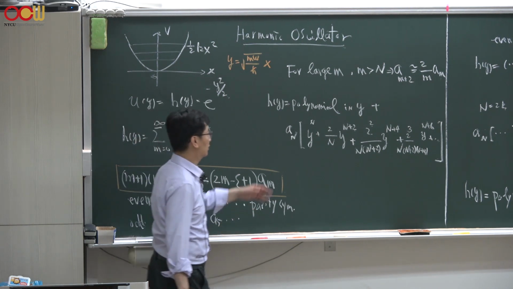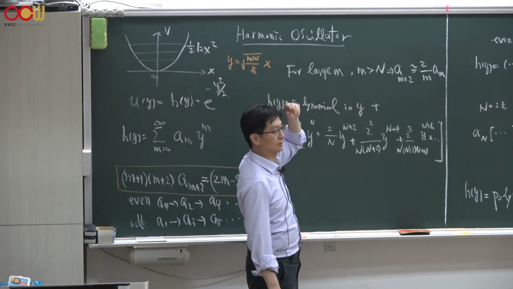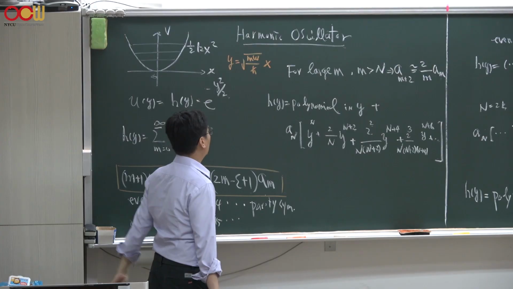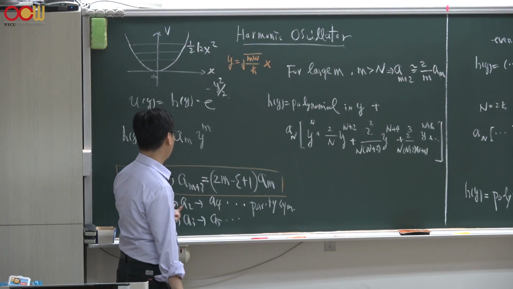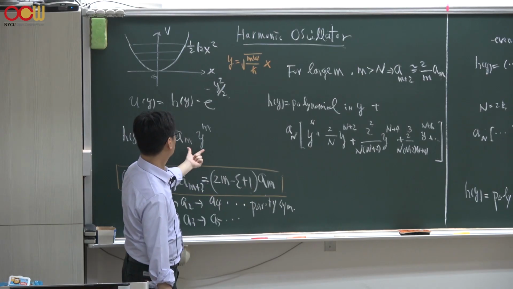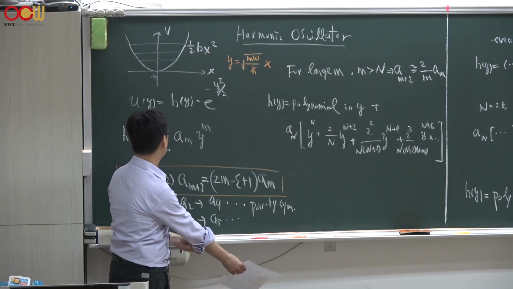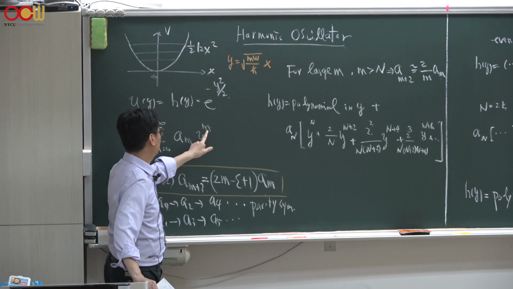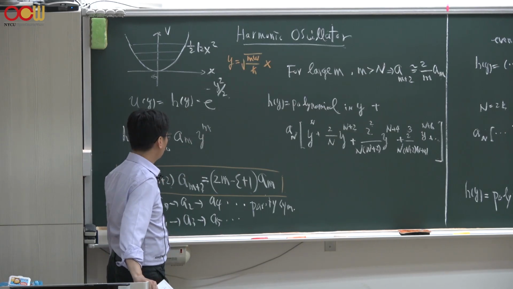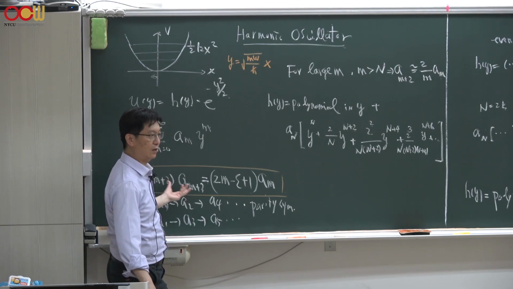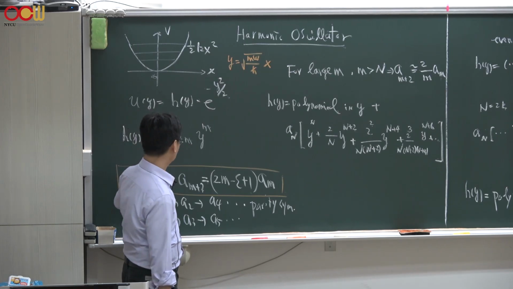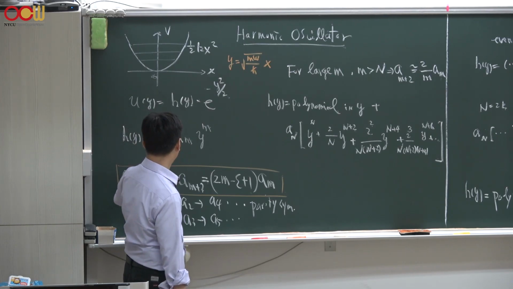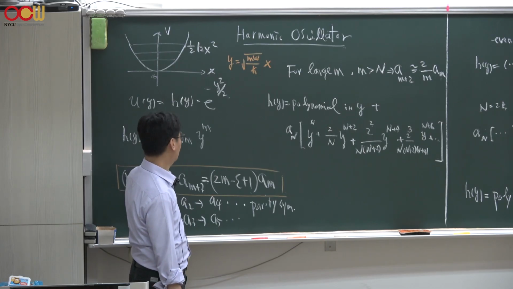To do so, let's look at the simple limit where m is very large, where the y polynomial shows a very large power. In this limit, we can simplify the recursive relation, because m plus 1 and m plus 2 can be approximated by m times m, which is m squared.